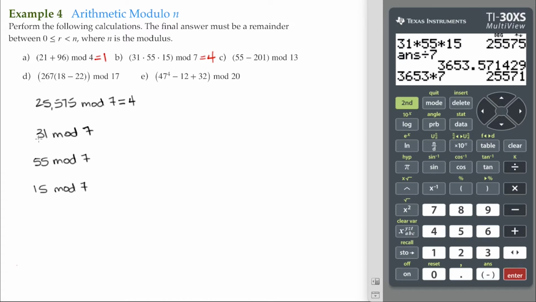That's 28. So 31 mod 7 is 3. So then I could express this as a congruency. That's 31 is congruent to 3 mod 7.